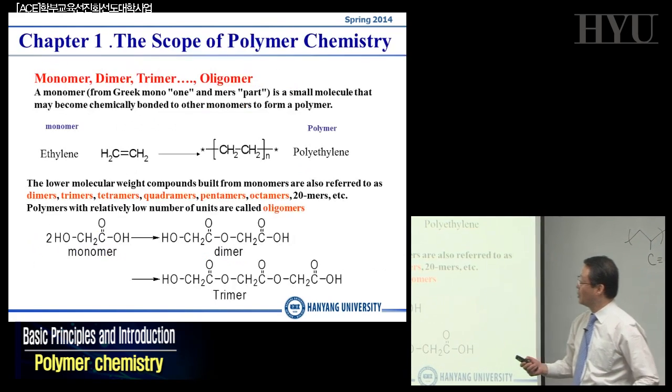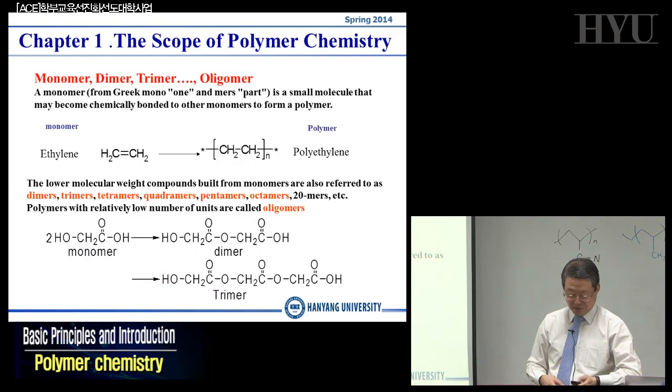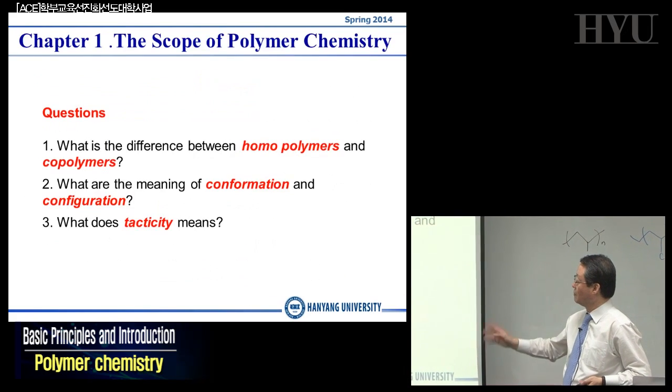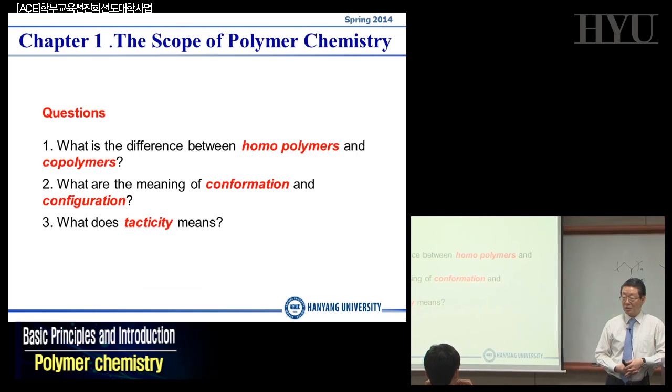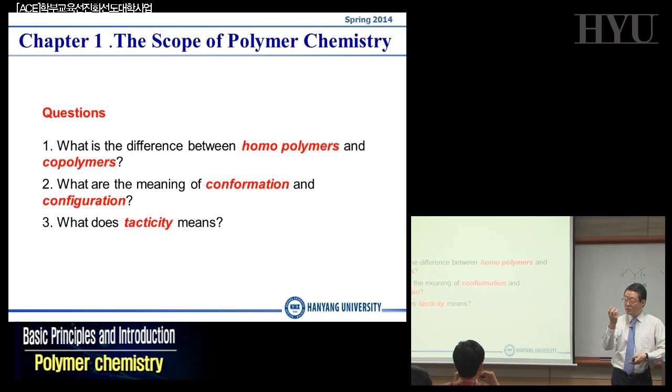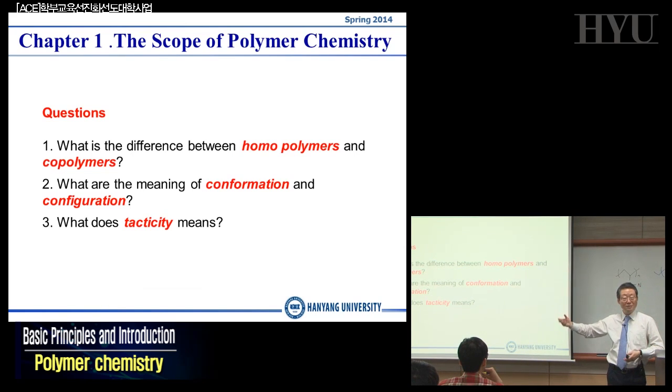So I think we can talk about tacticity. We have 3 types of tacticity as well, of course: atactic, isotactic, and syndiotactic, depending upon how this methyl group is arranged. If the methyl group is in the same position, we call it isotactic.